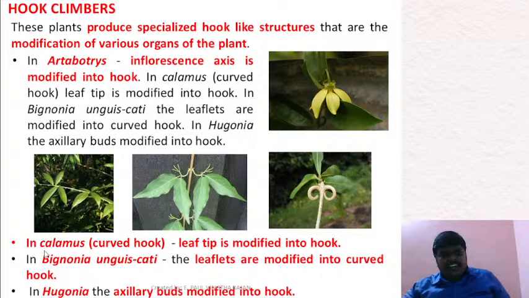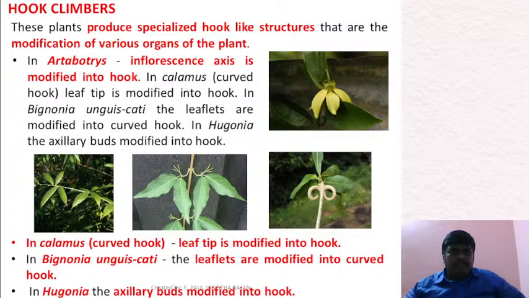In the case of calamus, the leaf tip, you can see the leaf tip here, forms a hook. In the case of bignonia, there are 3 leaflets, and one leaflet is modified into a hook, which helps in climbing.